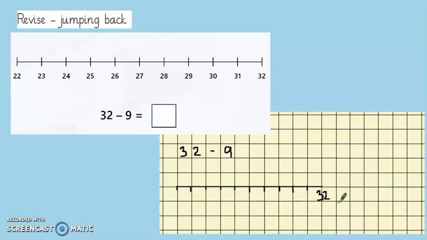On every square. So 32, 31, 30, 29, 28, 27, 26, 25, 24, 23 and 22.